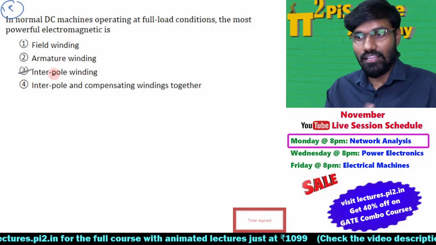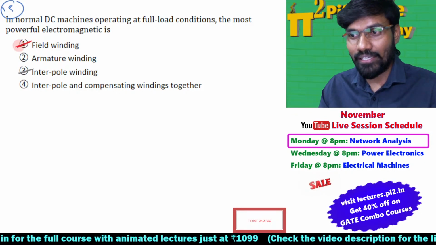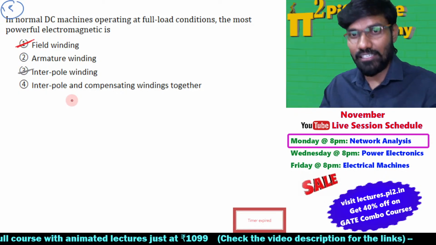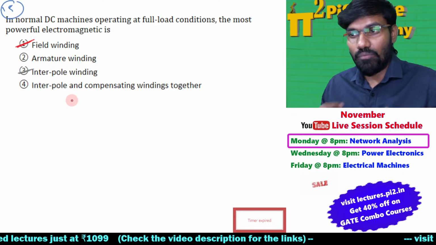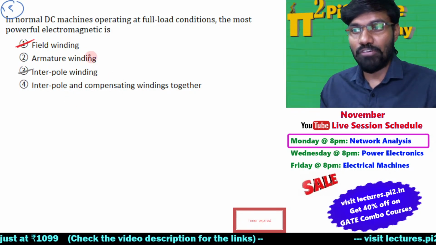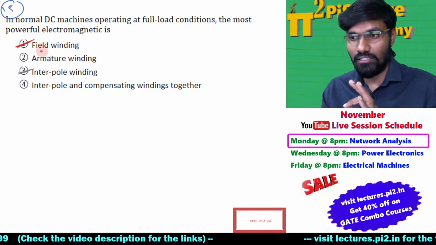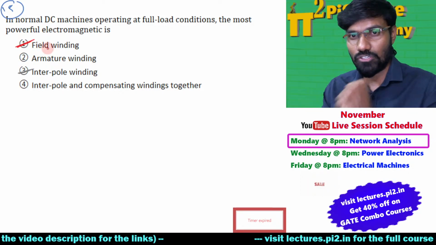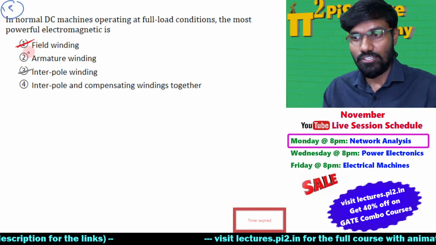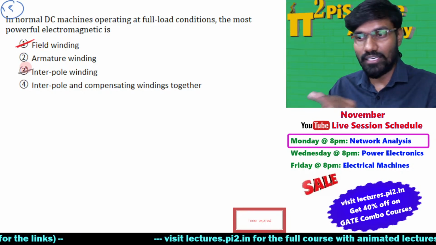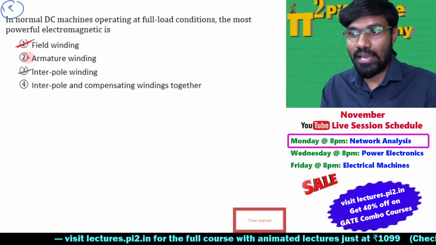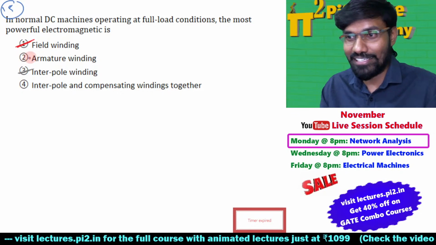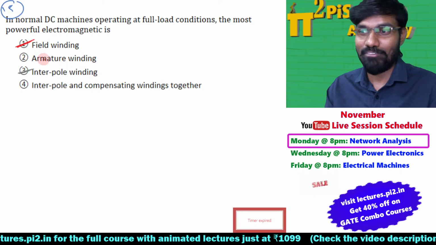Obviously, we are keeping the field winding to create the flux. The more field winding flux we have, the better the machine. A stronger field is good. If the armature winding flux electromagnet is more powerful, that's disastrous, and armature reaction will be even more.